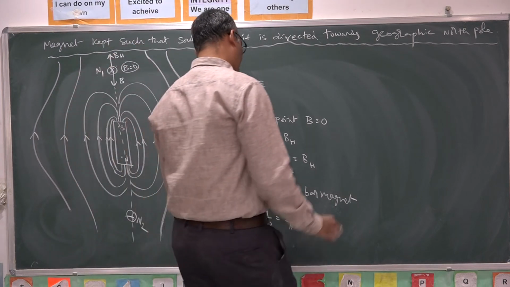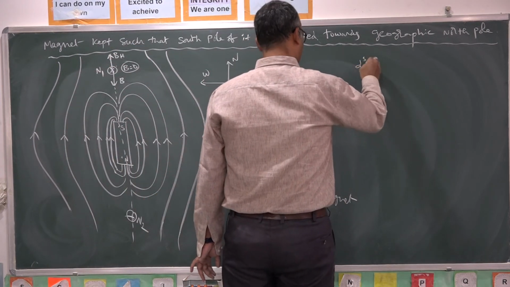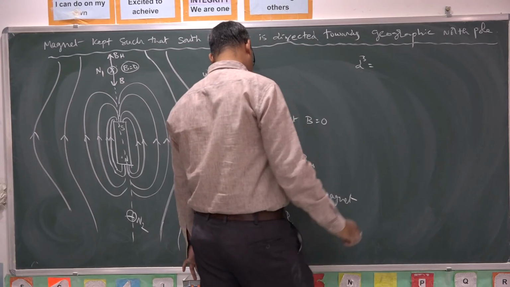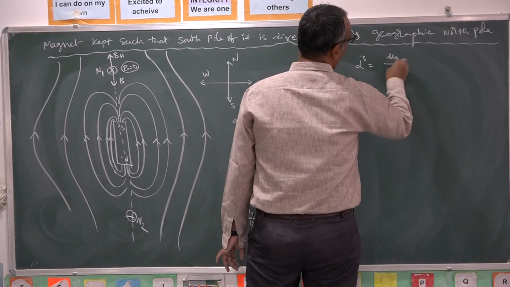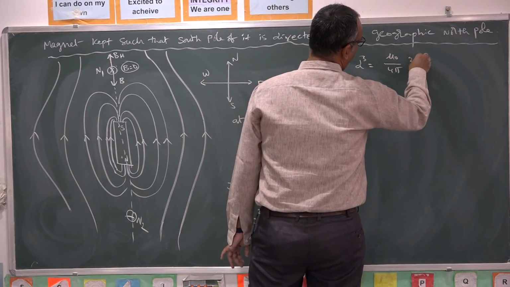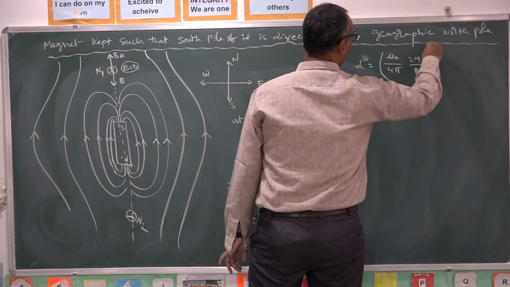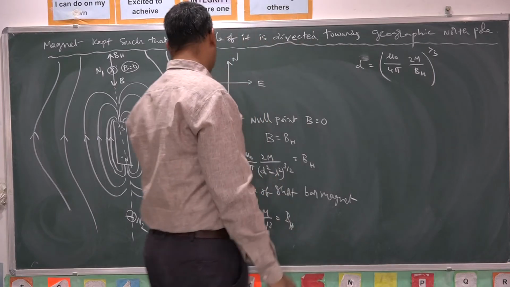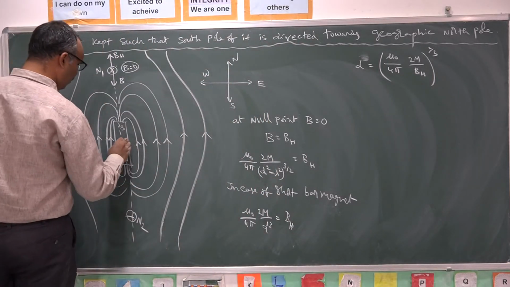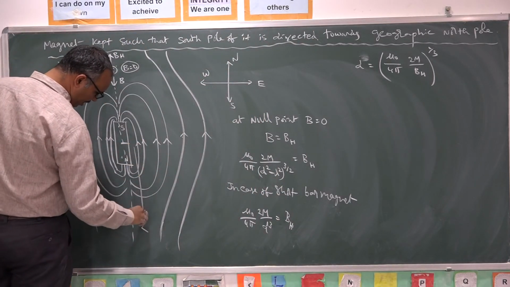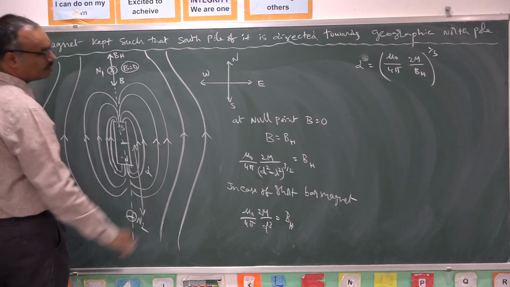Then the distance of the null point from the center of the magnet, d cube, is given by mu naught by 4 pi into 2M by BH. If you want to remove cube here, you should keep 1 by 3 here. So the distance d from center to the null point is like this.